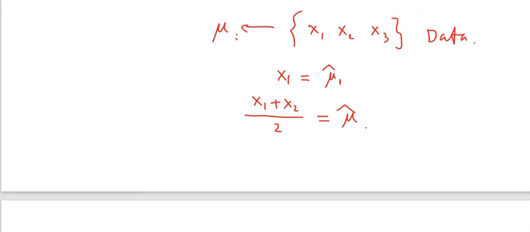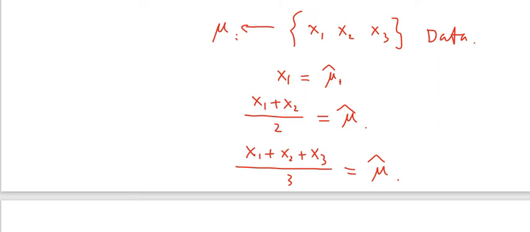Or we can also use the average of all three to estimate the population's. So mu hat means an estimate for mu. So which one is the best?